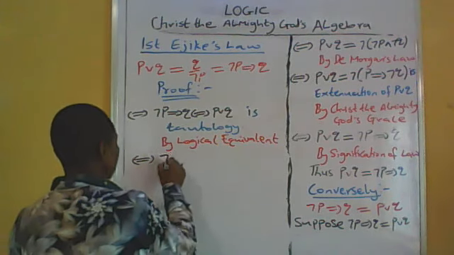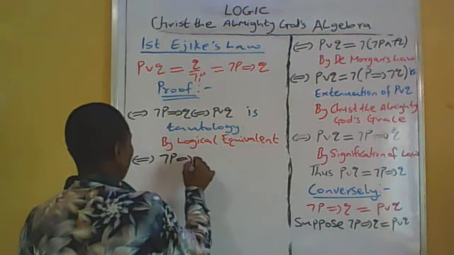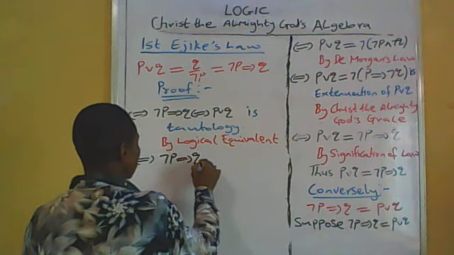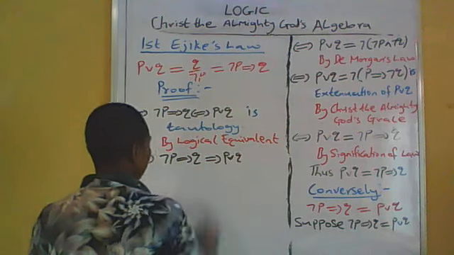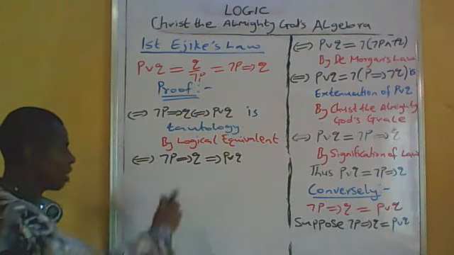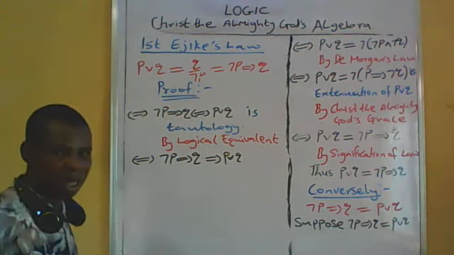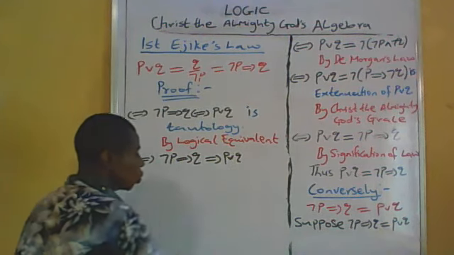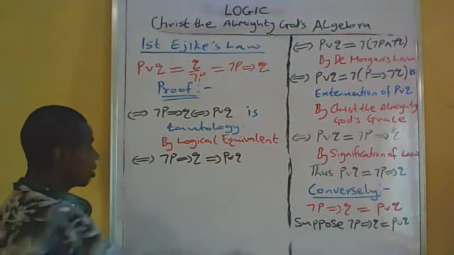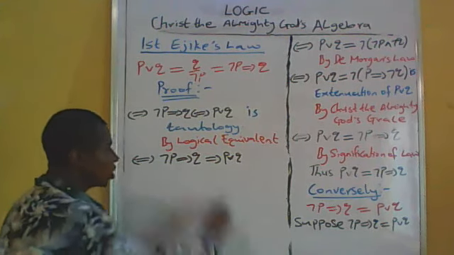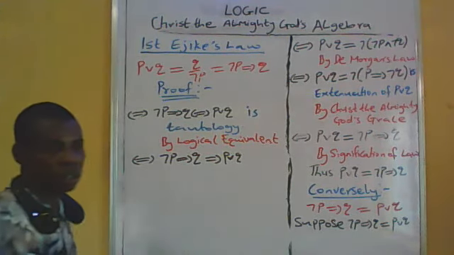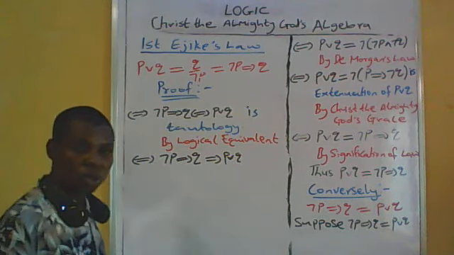That means not P implies Q implies P or Q. Whenever not P implies Q is true, that means the antecedent is true, and the consequent is also true. So if you break this statement, there is no falsity, it is always true. You say that the statement is a tautology.